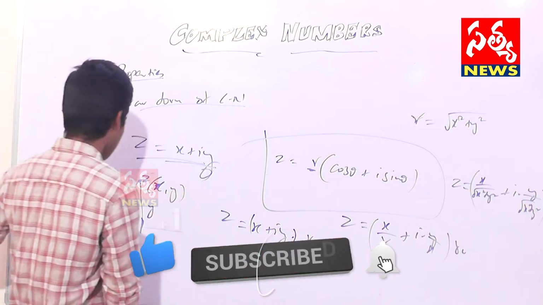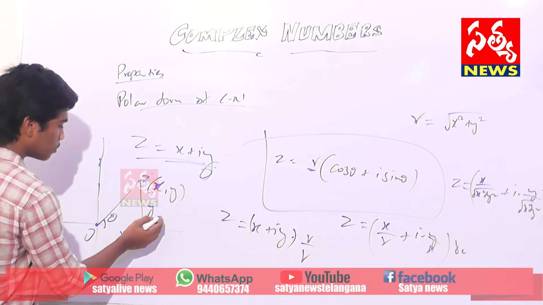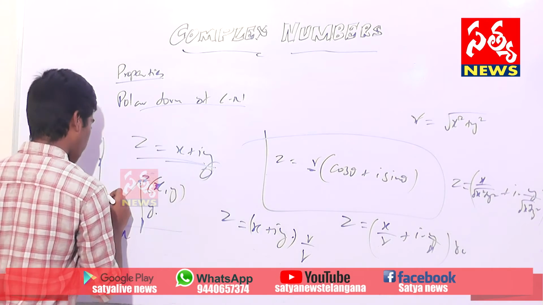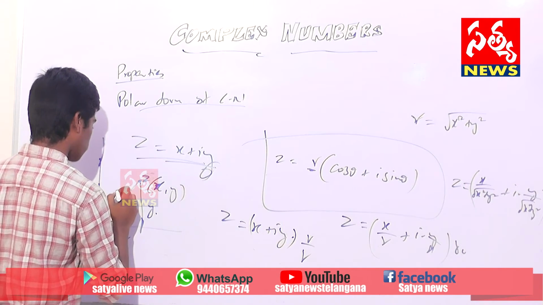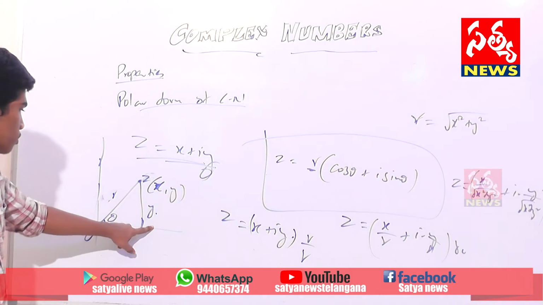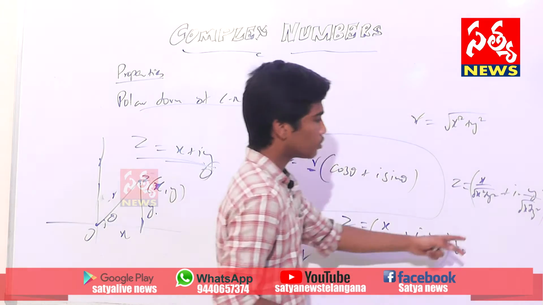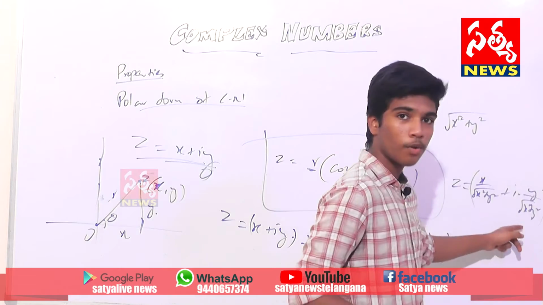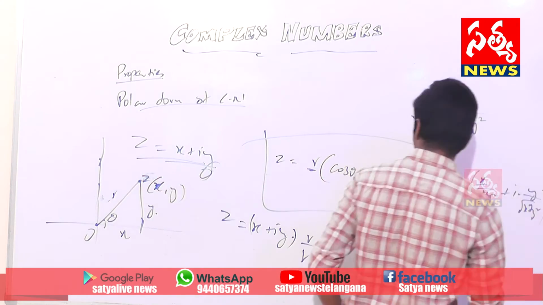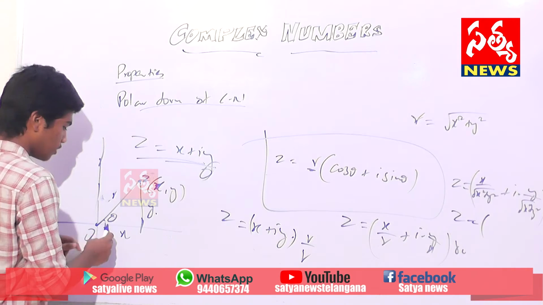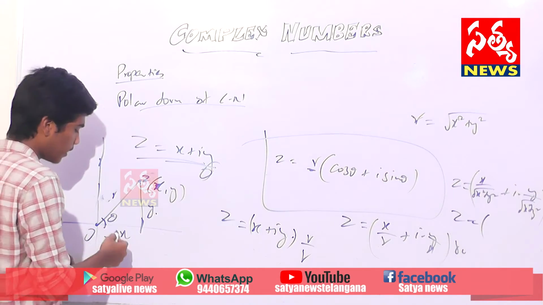Now from the graph, if you assume this angle as theta, sin theta equals opposite by hypotenuse. So this is r, opposite by hypotenuse. Sin theta equals y by r. So in place of y by r, or y by under root x square plus y square, we can write sin theta, and cos theta equals adjacent by hypotenuse, x by r.